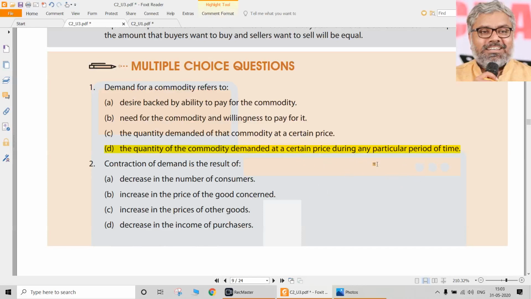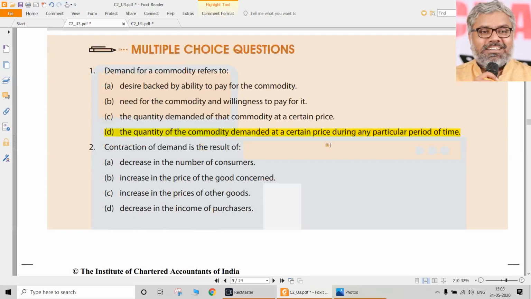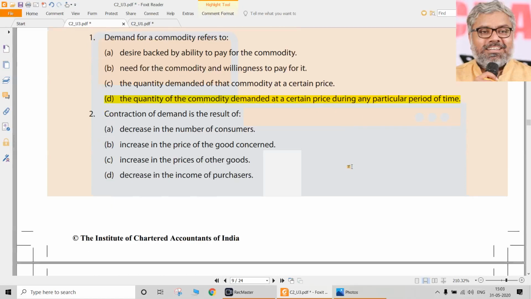We know that. These things are all to be there, then only it is called demand. So the correct option, the better option, let us say, is D. That will be the correct answer. That does not mean A is meaningless, B is meaningless, C is meaningless. All of them have their own good meaning, which is okay. But the correct option, definitely the best one, is D, for the first question.